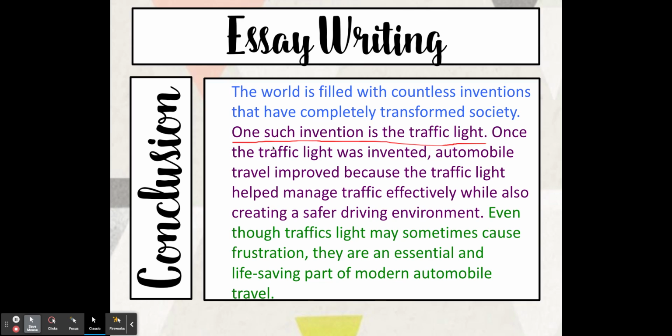So take a look at this example. Here's their restated topic. The world is filled with countless inventions that have transformed society. One such invention is the traffic light. So their thesis is that the traffic light was an invention that changed the world. That's their stance. Then their key points were that it helped improve traffic flow while creating a safer environment.